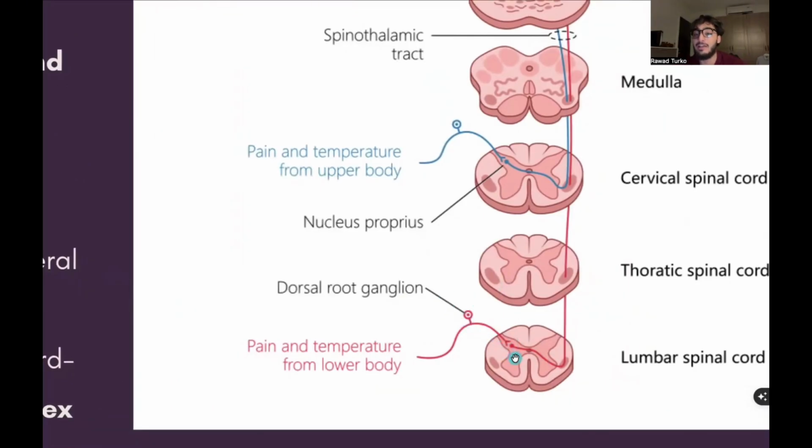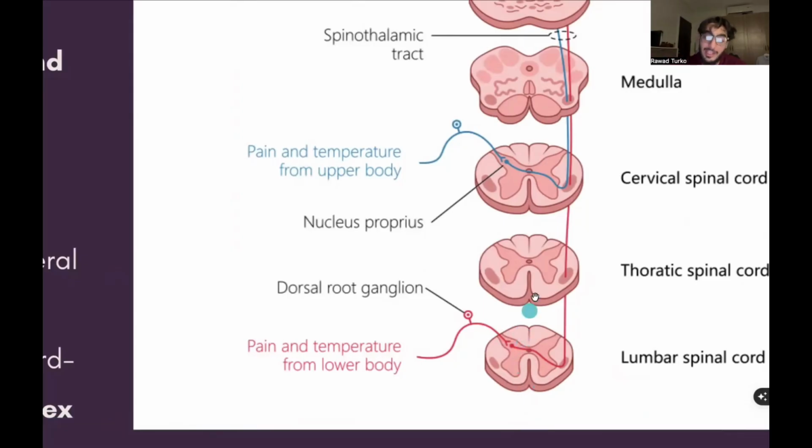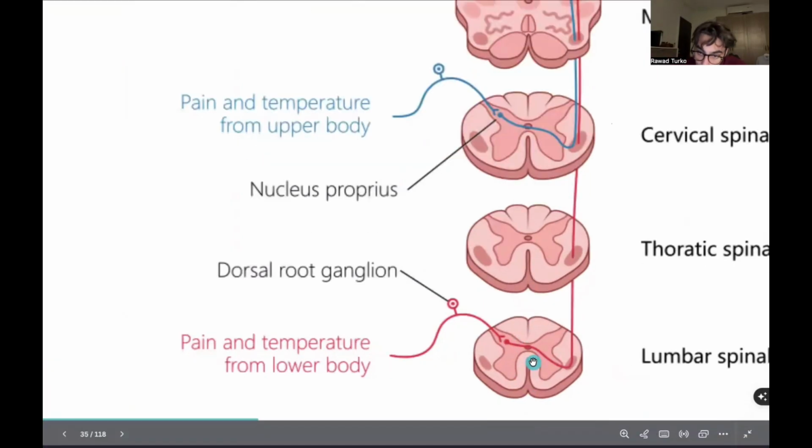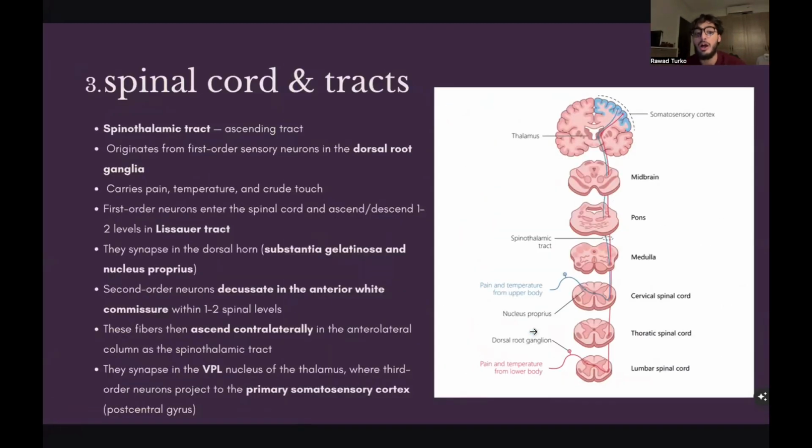And again, those fibers that ascend just those one or two levels are called Lissauer tract. Then they're going to synapse in the dorsal horn, specifically the substantia gelatinosa and the nucleus proprius, and then they're going to cross over. When they cross over, we call that the anterior commissure, which we'll talk about in a second.